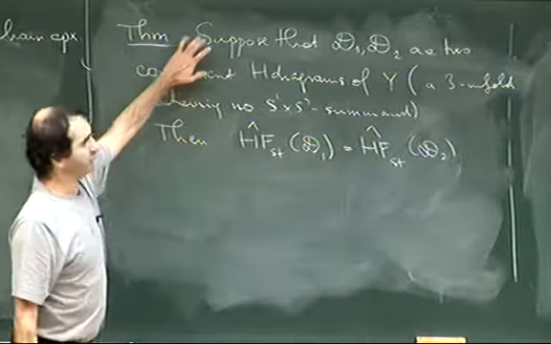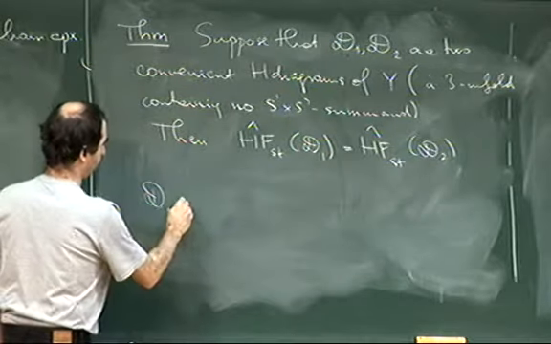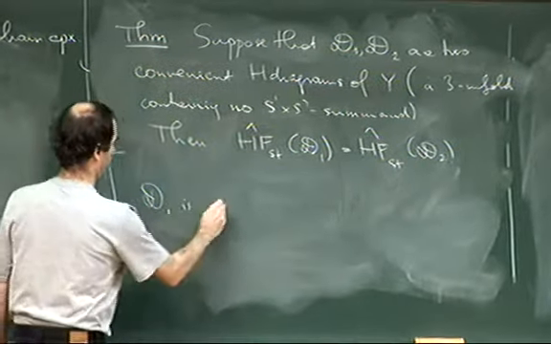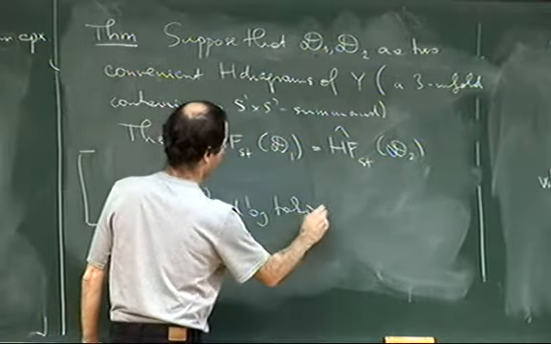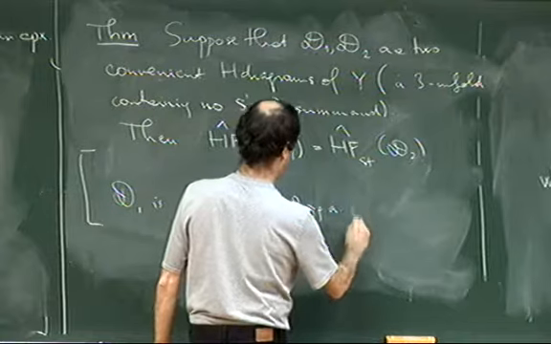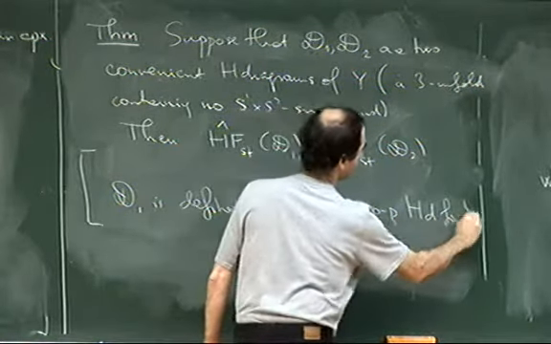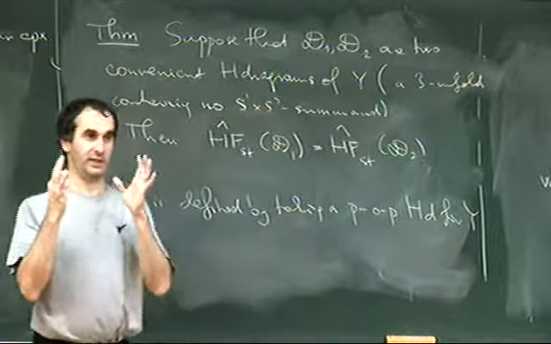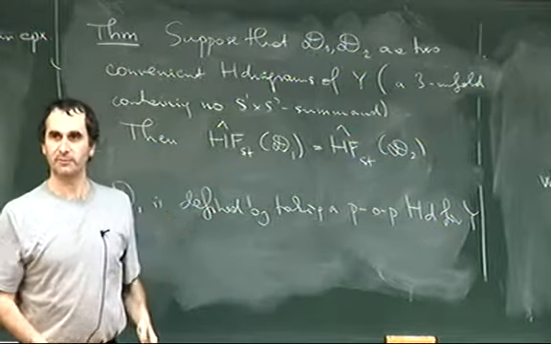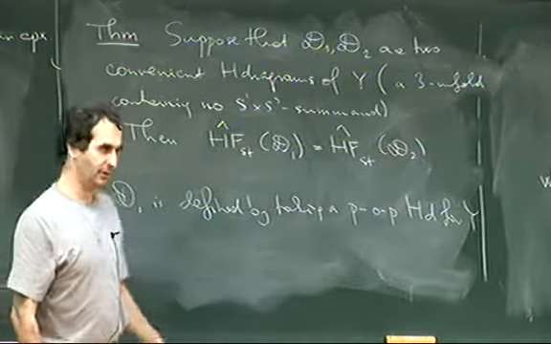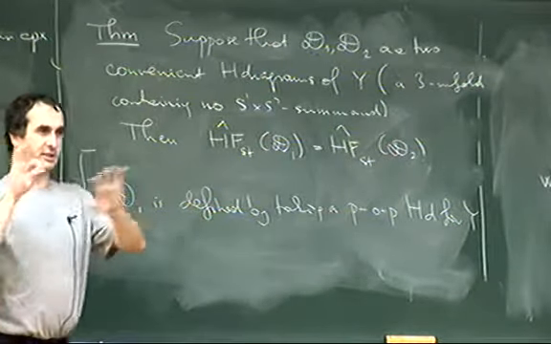So remember what a convenient diagram means. D1 is defined by taking a pair of pants Heegaard diagram for Y. So this just means that we take a Heegaard decomposition, and each handlebody is captured by a pair of pants diagram, alpha and beta, and then we just did this refinement.